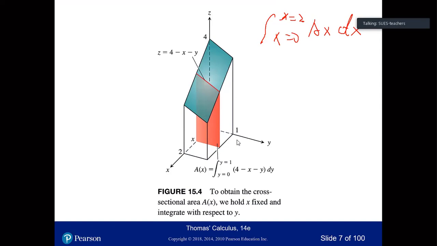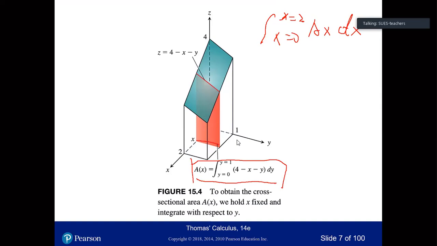Not rectangular, I just don't remember what it is. But you are also doing a one-dimensional integral. So from x equals 0 to 4 minus x minus 1, and then you do the integral from 0 to 1, right? So you are trying to add up.